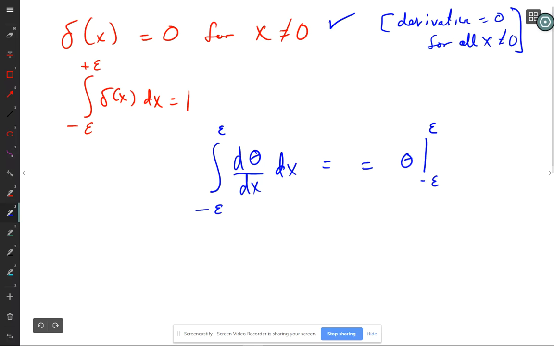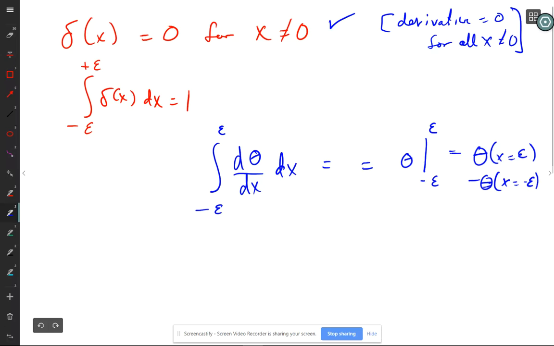So I used the fundamental theorem of calculus to say that if delta is, well, I'm using d theta dx to see if that's delta. Then I just look at my definition of my function. This is going to be theta for x equals epsilon minus theta for x equals minus epsilon.